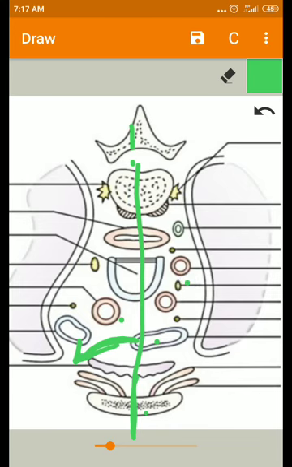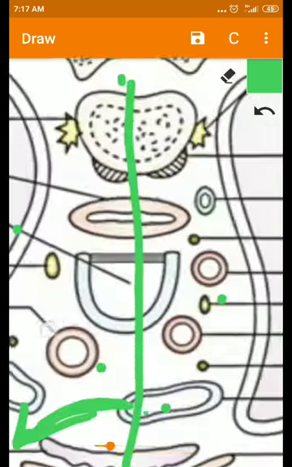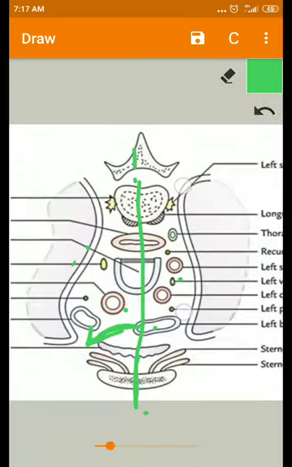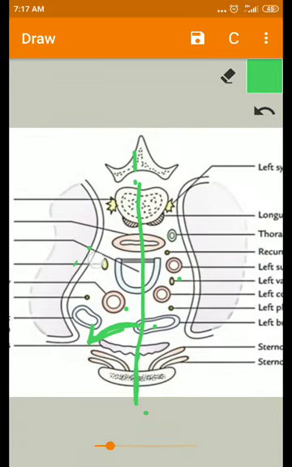And if you observe the space also, on the right side the superior mediastinum will have a lot of space, which is filled with very little loose connective tissue.